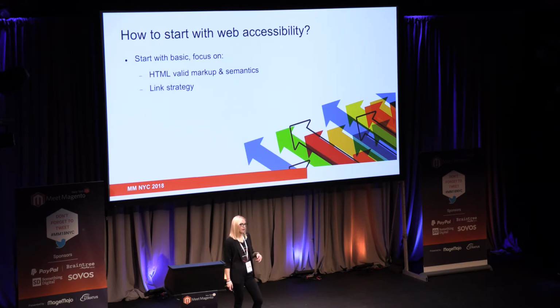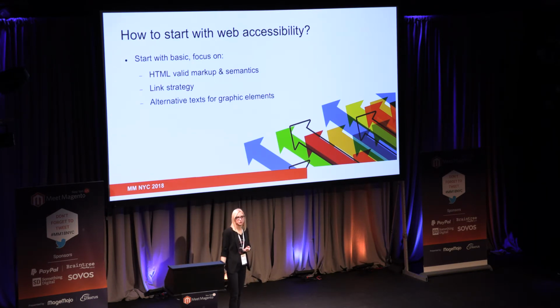Link strategy: think about it in terms of search engine optimization, but also for disabled people. For example, when you use a screen reader, you can navigate your website by the links, by where they lead to. It's better to use meaningful link text than click here, click here, and there is a button; it's more understandable and logical for users.